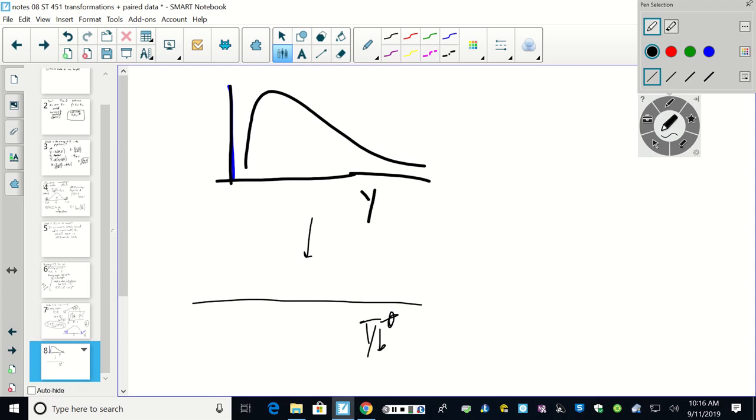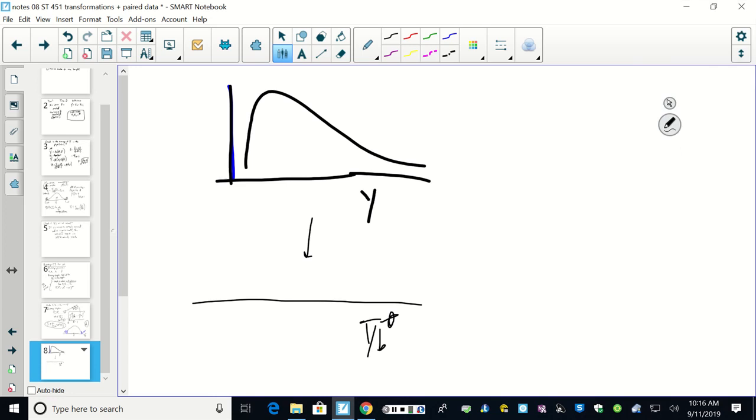If n is small, you might get a distribution that's a little bit more symmetric than that, and a little bit narrower, but it still might have a little bit of a tail out there. So this one is skewed. If n is small, y bar still has a skewed distribution.